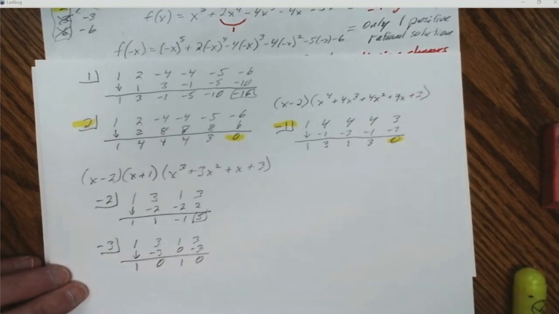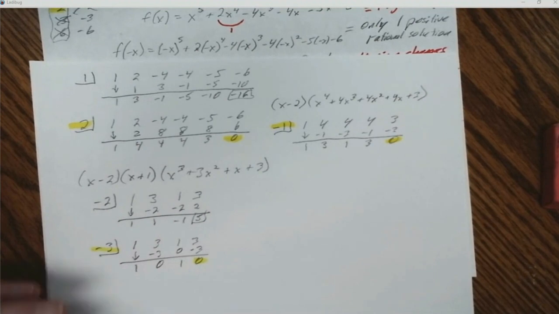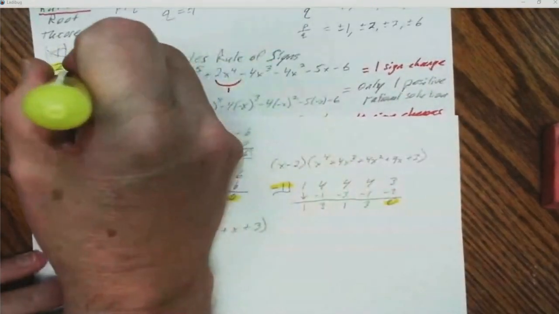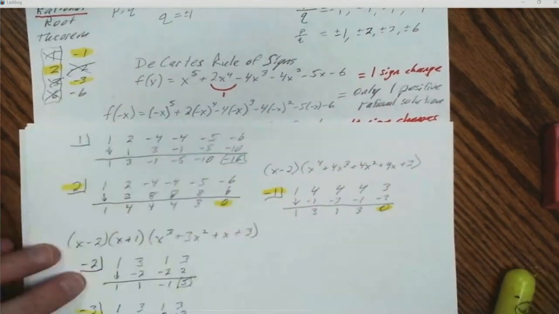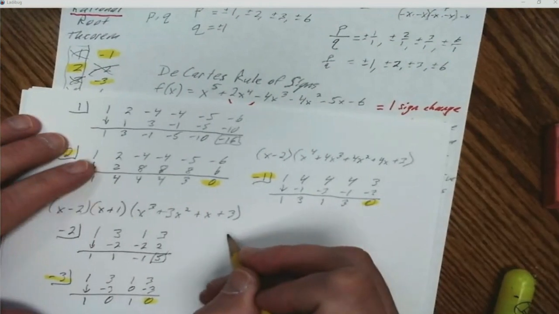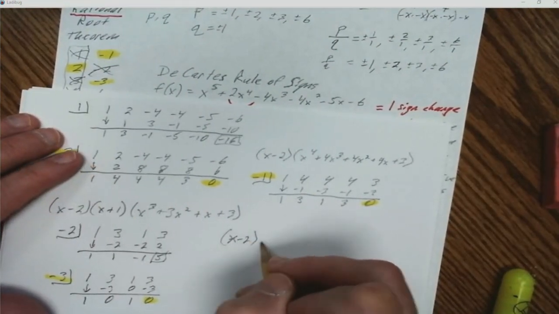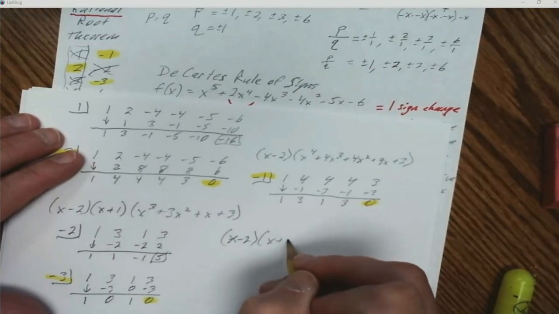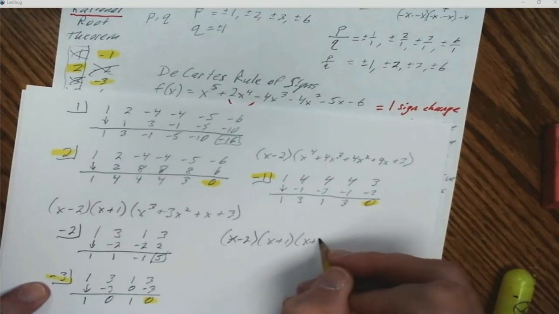Up. -3 is a solution because it has a remainder of 0. -3 is a solution. So that means we now have x minus 2 times x plus 1 times x plus 3.